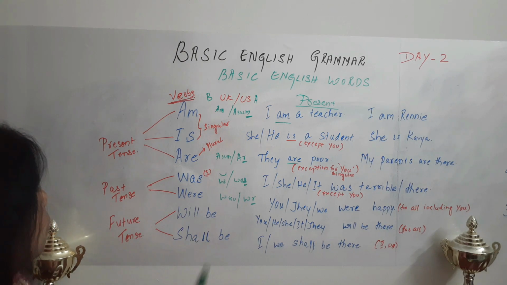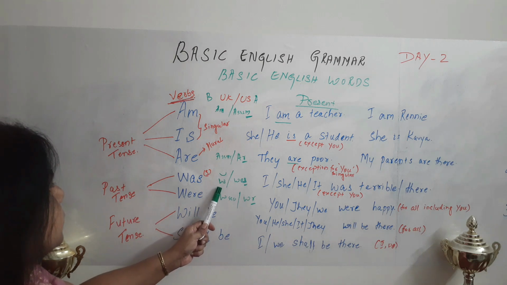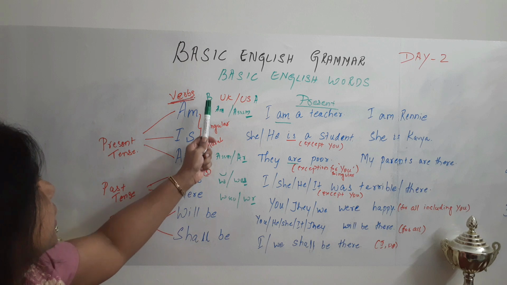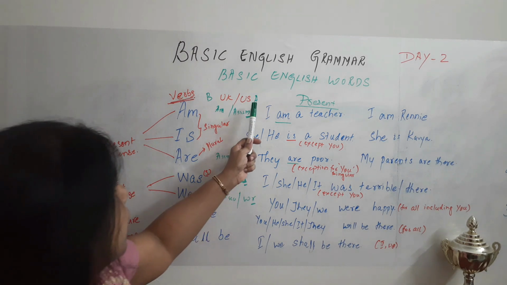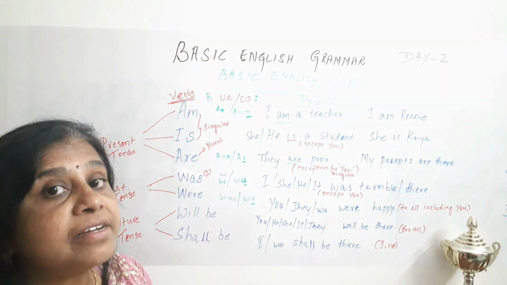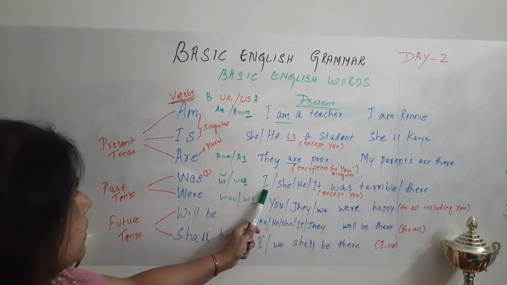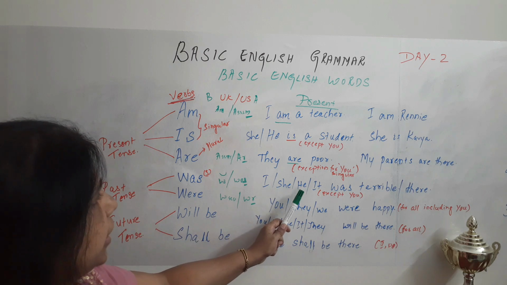Now coming to was and were. So how to pronounce this? Were. Only were. That is for British English, and for American English, the r is clearly heard. Alright. And how to use that? You can use it for I, she, he, it.